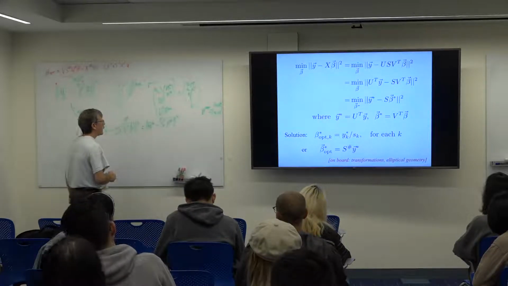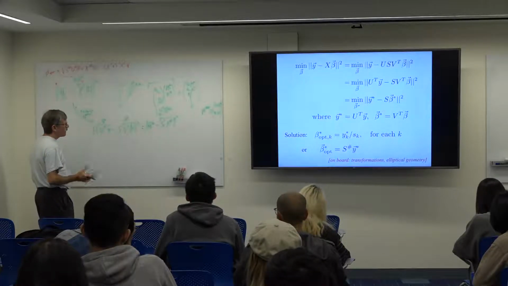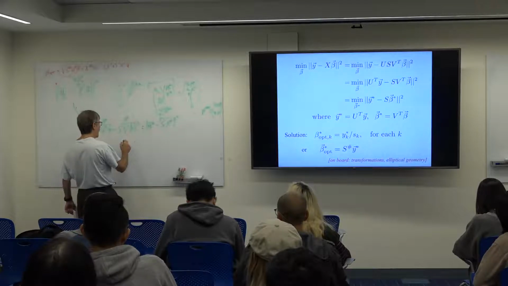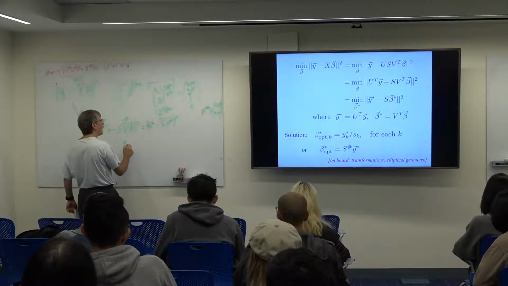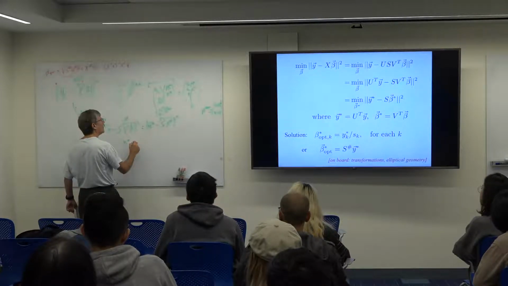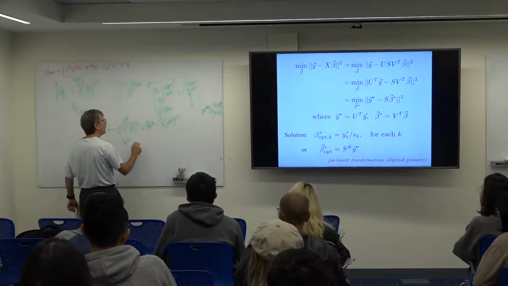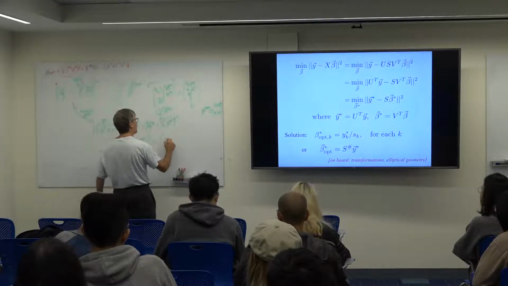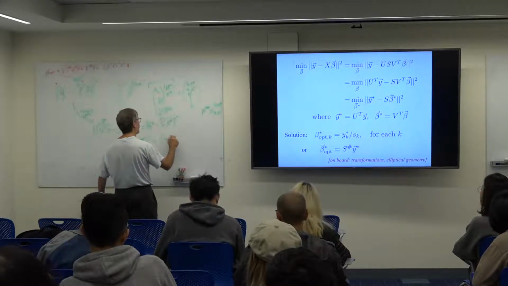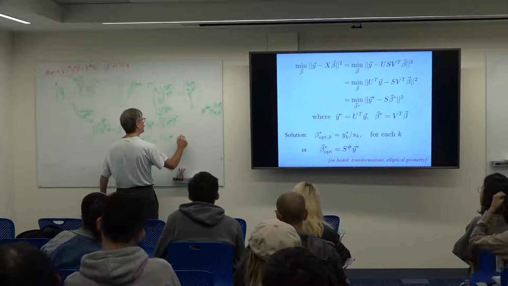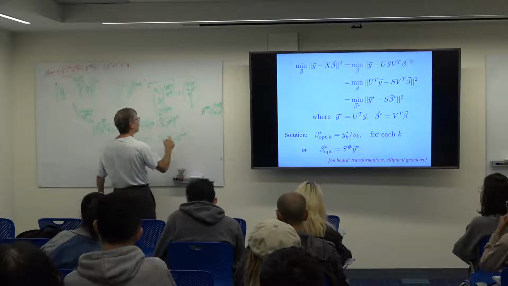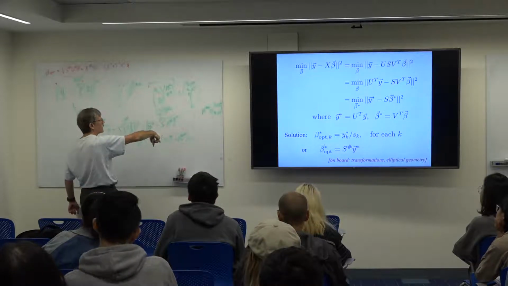Okay? Now, what do you get out of that? You get y1 star minus beta 1 double star squared plus y2 star minus beta 2 double star squared. And all the rest of that beta matrix is a bunch of zeros.